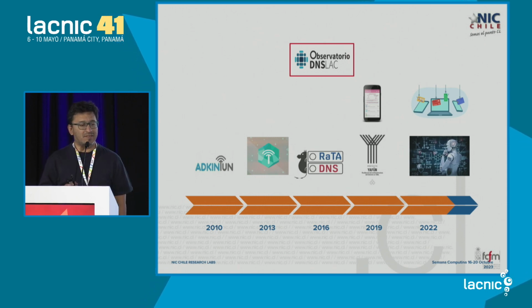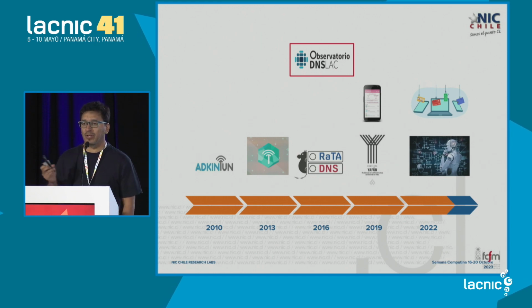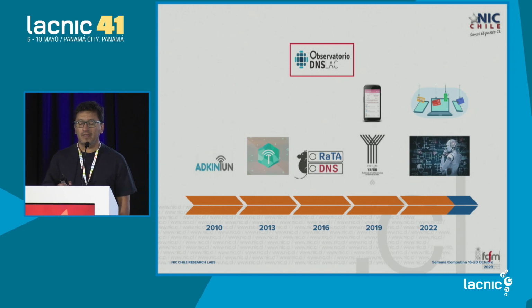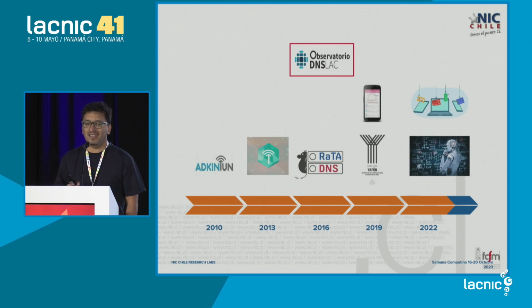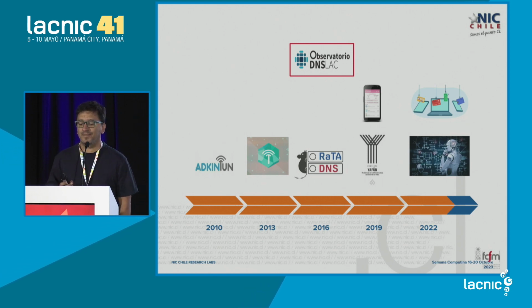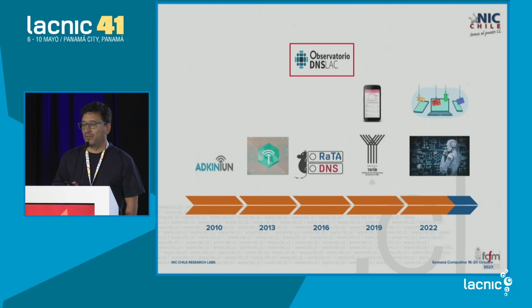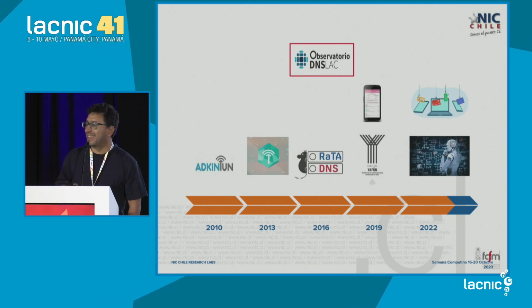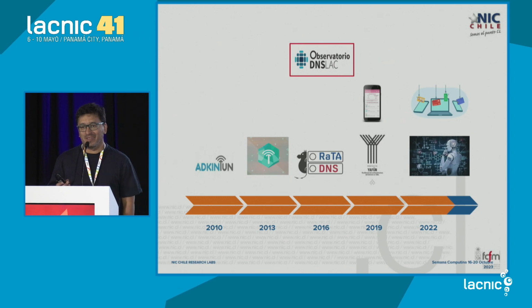We have had since 2010, when we began with a platform to measure the neutrality law in Chile. We have Rata DNS. We're a whole set of tools that we have to do real-time measurement of DNS traces. The project Yafun, which was the entire optic fiber in national level, and Peppa-Pin, which is a platform to measure the internet quality.